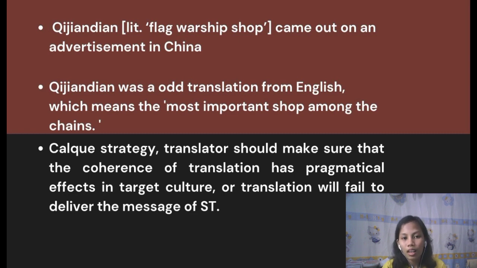It means the main department store of the Harrods chain in London. I had not realized that Kijinyan was an odd translation from English, which means the most important shop among the chains. Therefore, using the calque strategy, the translator should make sure that the coherence of the translation has pragmatic effect in the target culture, or the translation will fail to deliver the message of the source text.